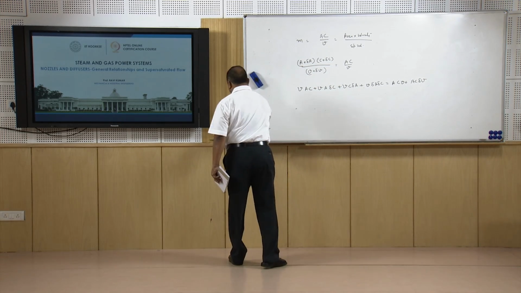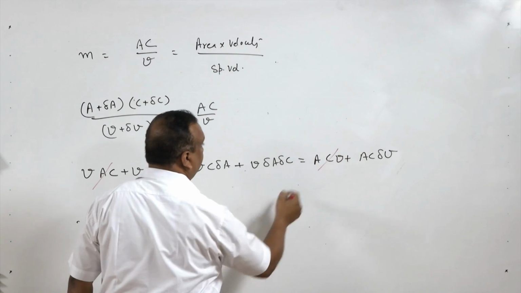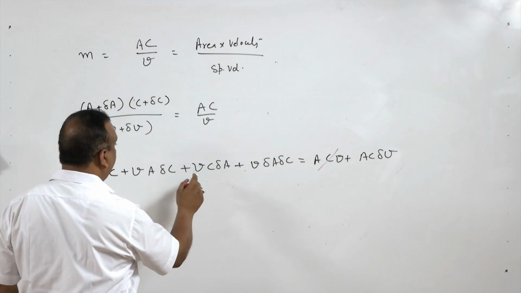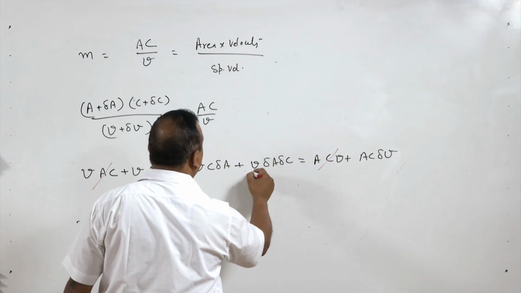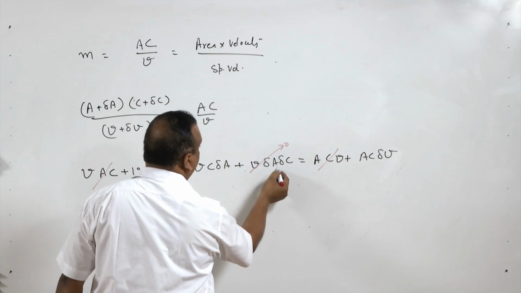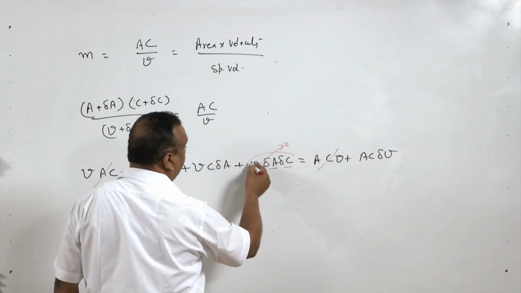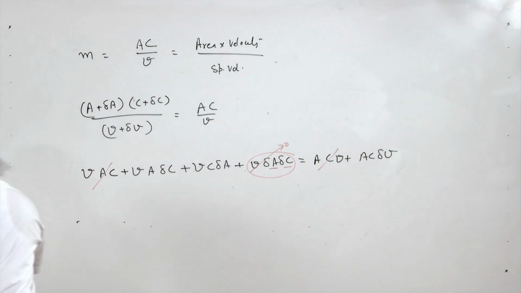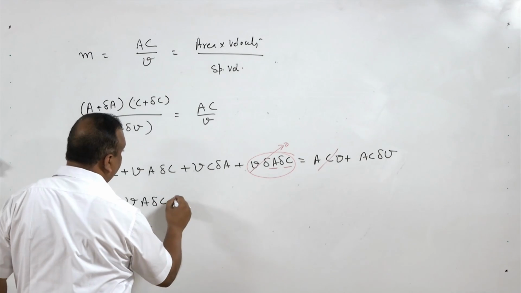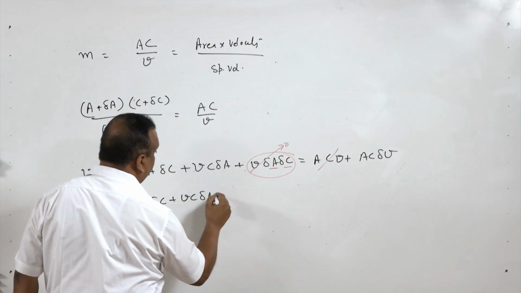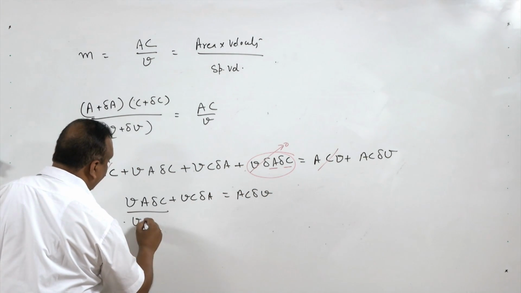Now here we will be cancelling this by this AC del V, okay, and this can be taken as 0 because the del A is infinitesimal again and del C also infinitesimal, so this will be tending to 0. So the final expression is VA del C plus VC del A is equal to AC del V.